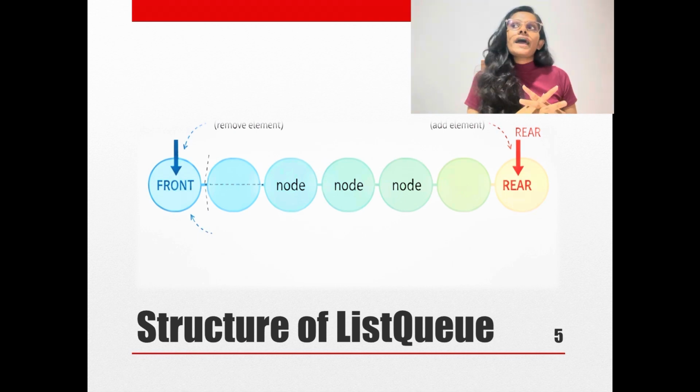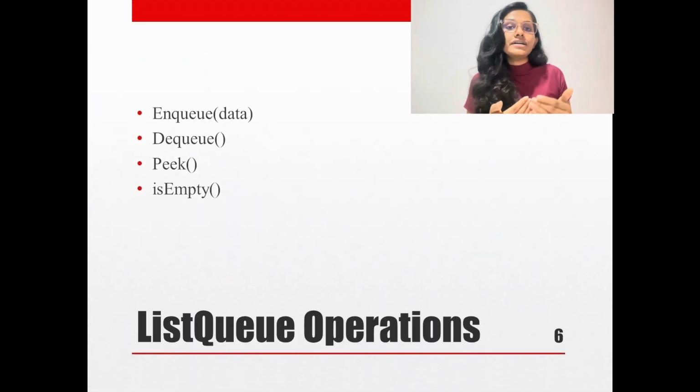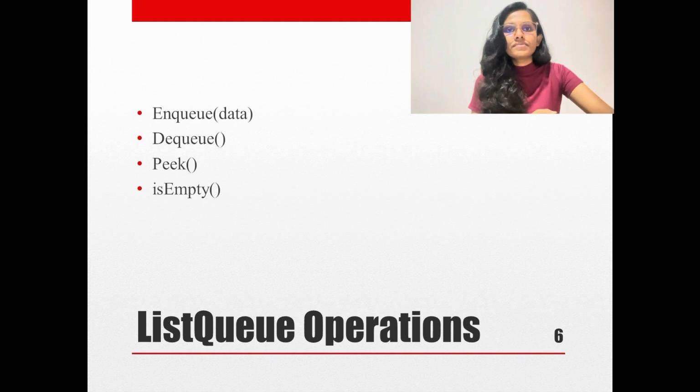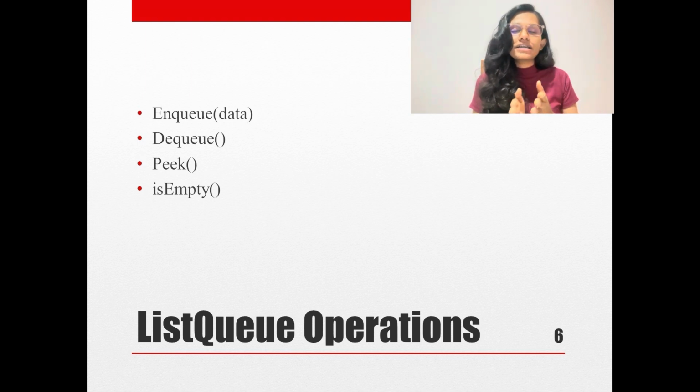As I said above, we have talked about only two operations, NQ and DQ. So let's talk about the additional operations we can see in the ListQueue. These are the core operations that make ListQueue work: NQ, DQ, peek, and isEmpty.